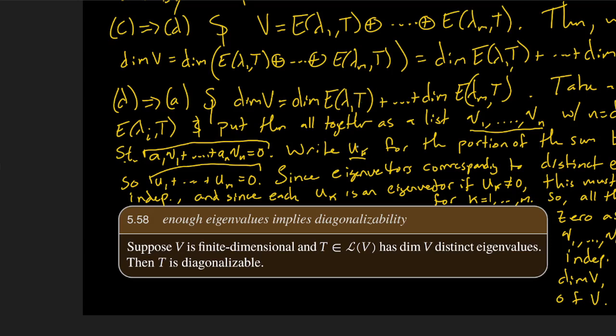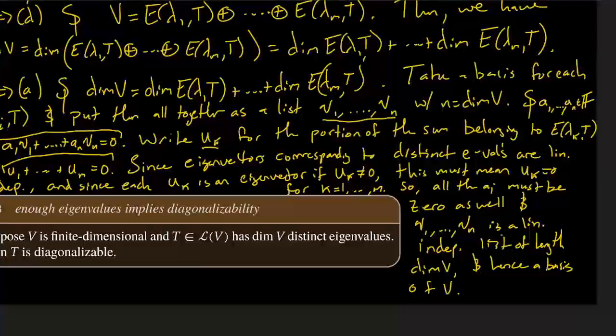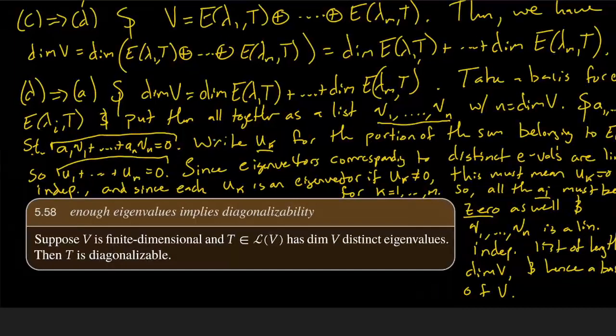So each of these UKs is a linear combination of basis elements for the kth eigenspace, right? Oh, okay. So how can you get 0 out as a linear combination of basis elements? Only by taking all of the coefficients in that combination equal to 0. That is why all of these AIs have to be 0. So all of these guys have to be 0 because these V's are each coming from bases, or they are basis elements for an eigenspace.